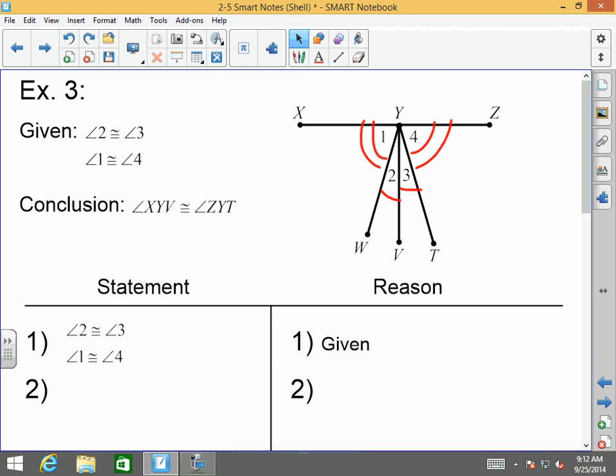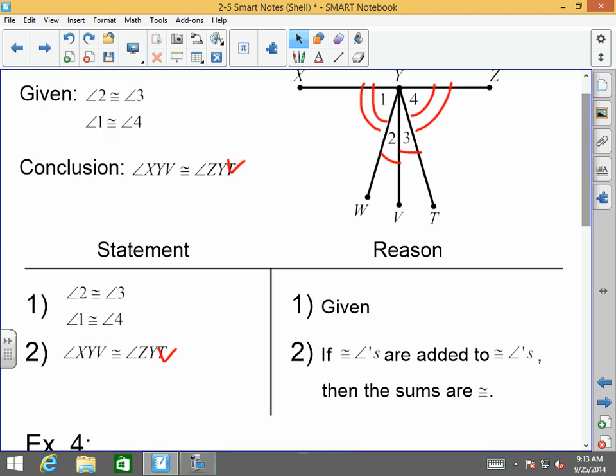That's given. ZYV. Yes, thank you. So I can conclude that XYV is congruent to ZYV. Why? Addition property. If congruent angles are added to congruent angles, then the sums are congruent. That's the addition property.